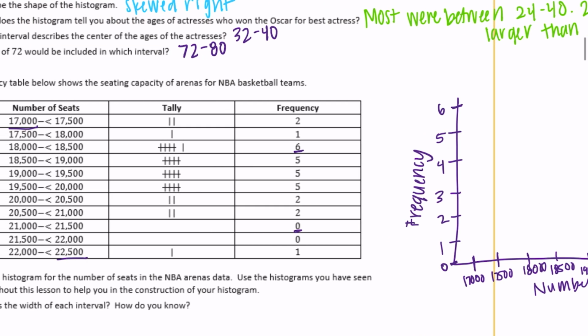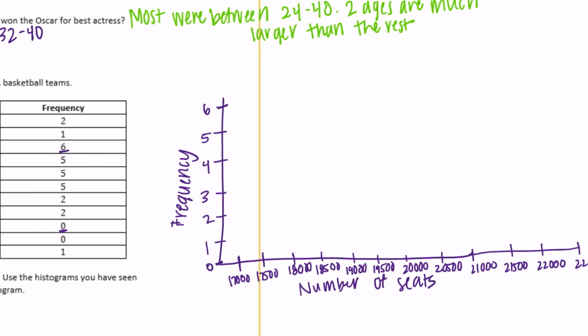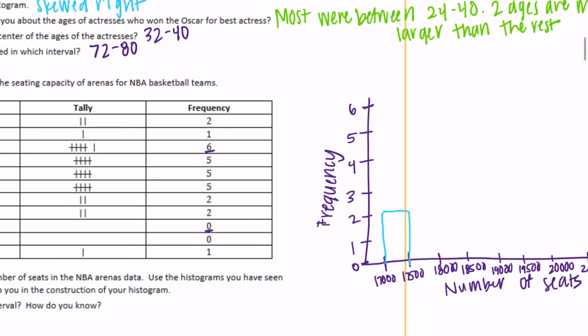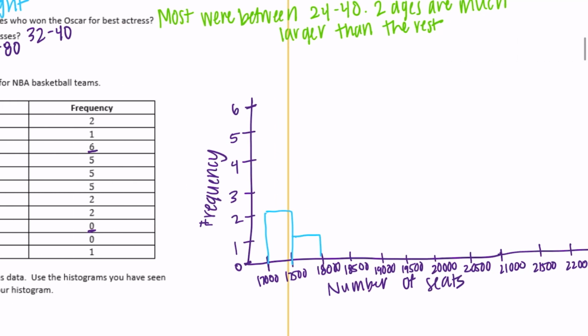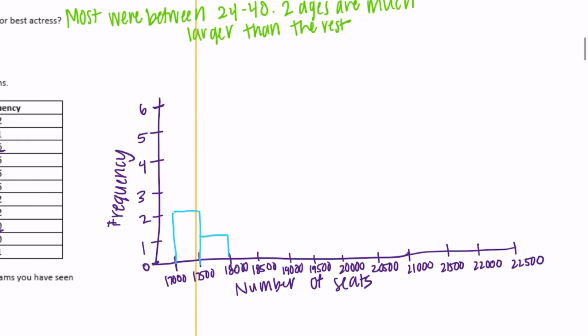Now, between 17,000 and 17,500, we had 2. The frequency was 2. So I'm going to go, there's 2. The next interval was 1. 18,000 to 18,500 was 6.